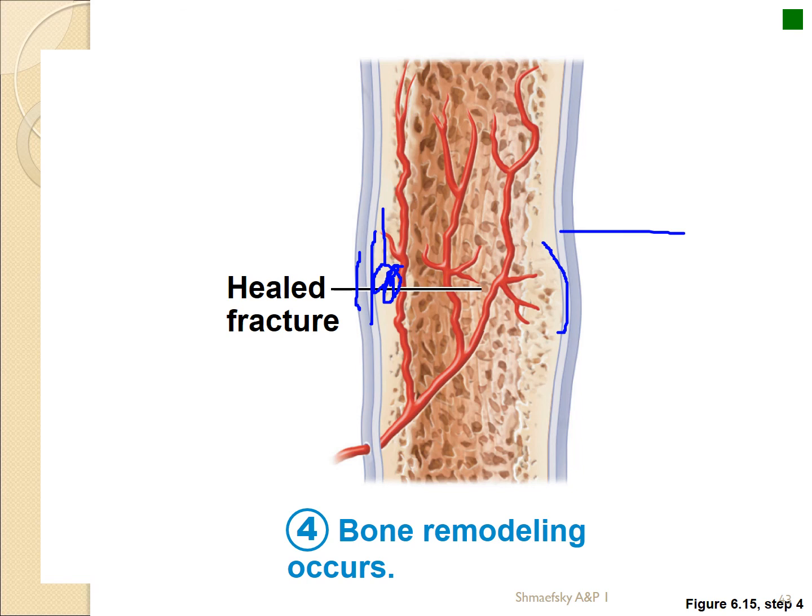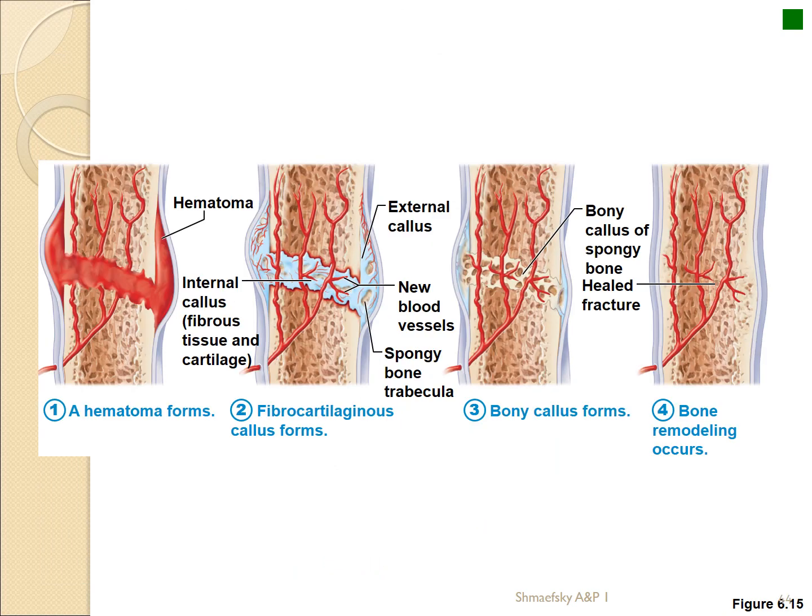So your periosteum has to be intact. If the periosteum was killed, they have to surgically stretch and add new periosteum. What happens is if there's a medullary cavity here, we fix the medullary cavity, and if there's red marrow in there, yellow marrow, hopefully that will fill in. Sometimes it's lost permanently during bone damage.